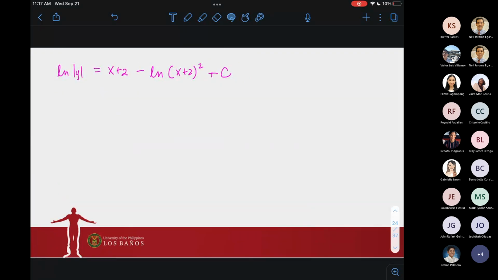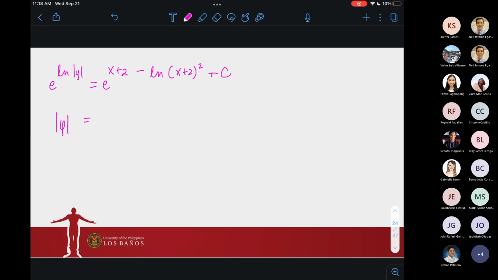Tapos, para si y ay ma-isolate, pwede kong i-exponentiate both sides kay e, right? So I can use e as the base for both sides of the equation. I'll have this. Tapos, isi-simplify ko na lang ito. E to the ln of absolute value of y, that's going to be the absolute value of y equals, ano mangyari dito?